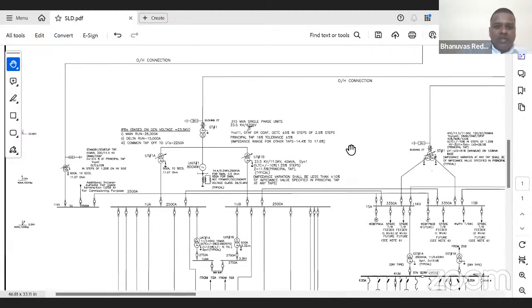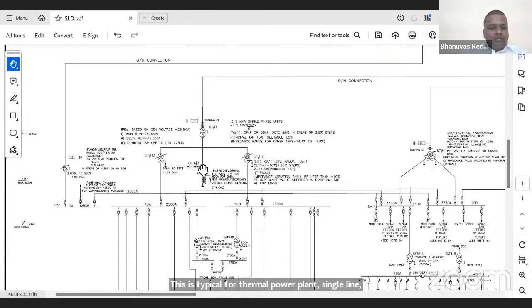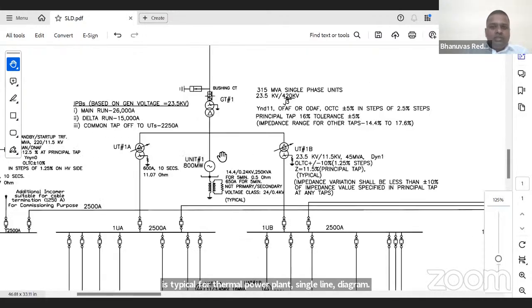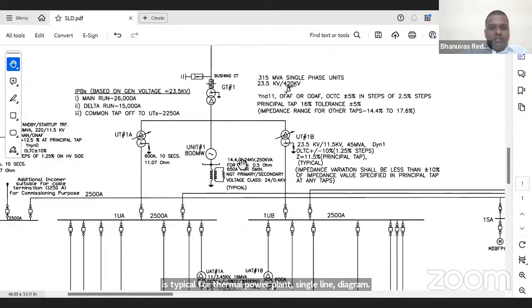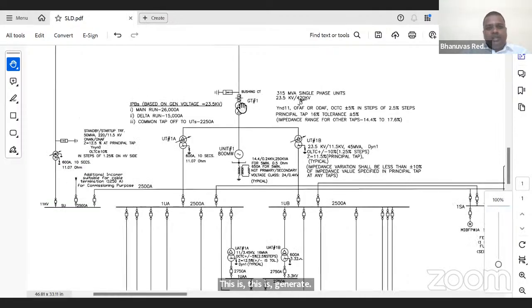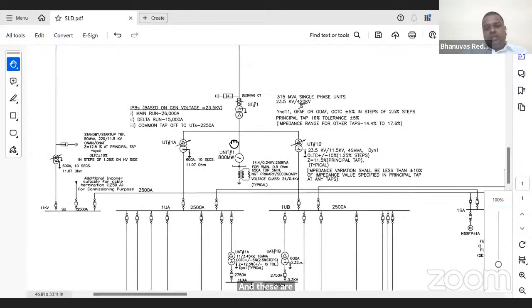This is a typical thermal power plant single line diagram. This is the generator, and these are transformers, and this is called the generator transformer.